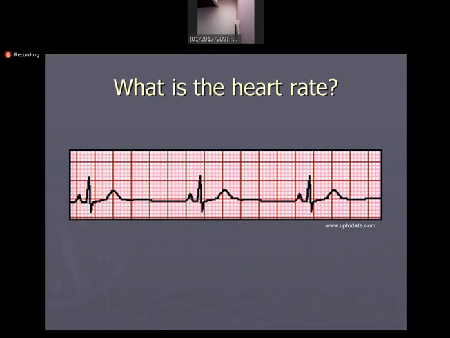Now we have measured the heart rate. How? For example, you see a small square and a large square. When a strip comes out from the machine, from the line of one large square to the line of the second large square, how much time does it take? 0.2 seconds.